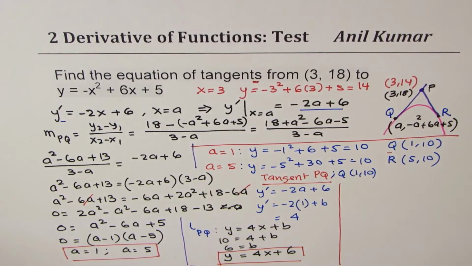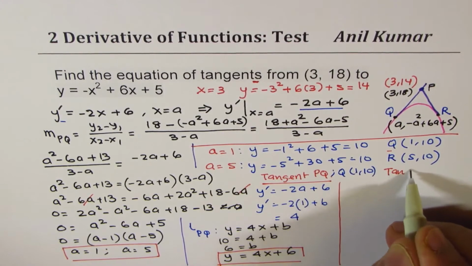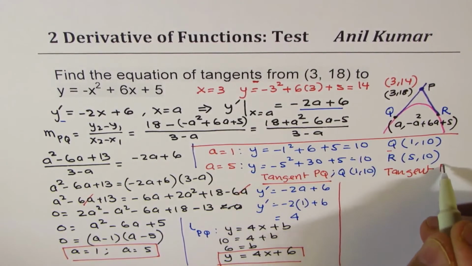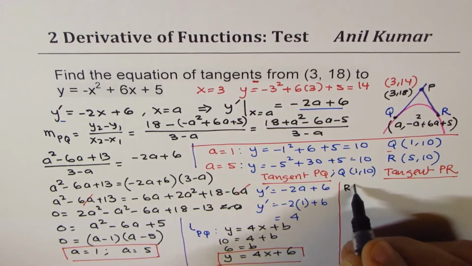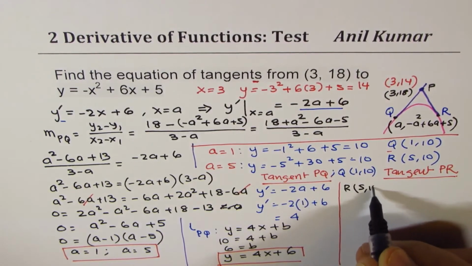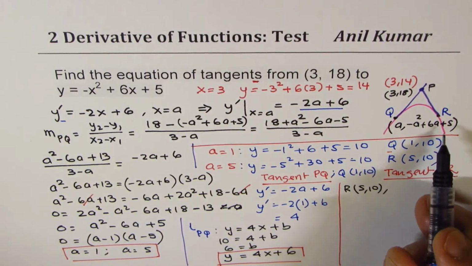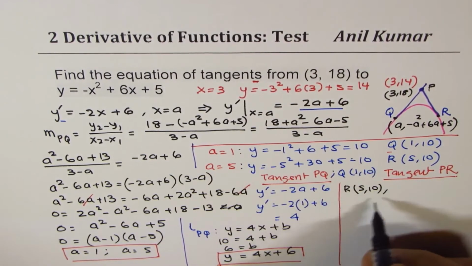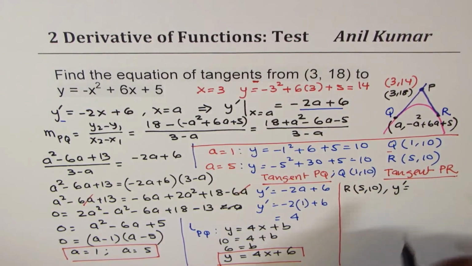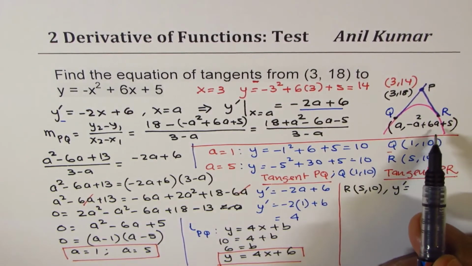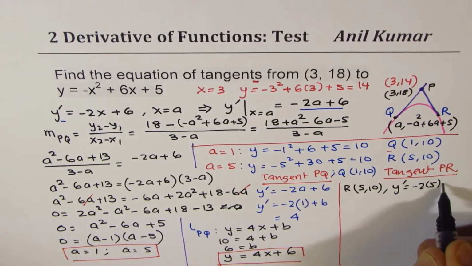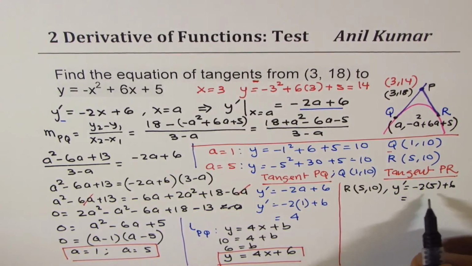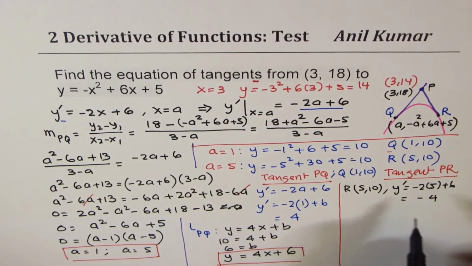Now let us find the second equation, which is tangent PR. Now for this tangent, we know that the point R is (5, 10) and slope y dash is, let's find that out. Since a is 5 for us, we'll substitute 5 here, minus 2 times 5 plus 6, which is minus 4, right?